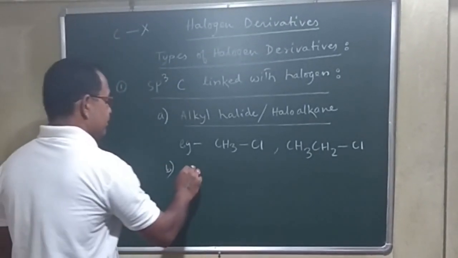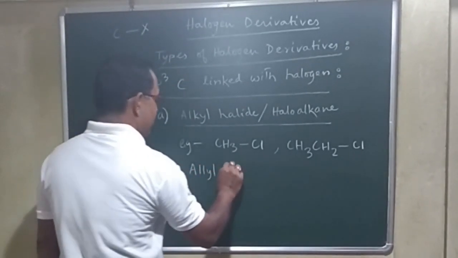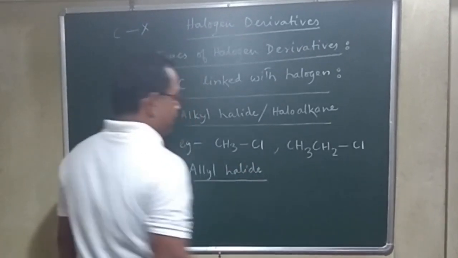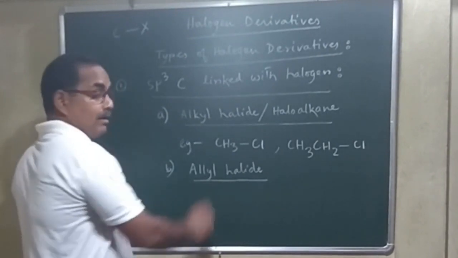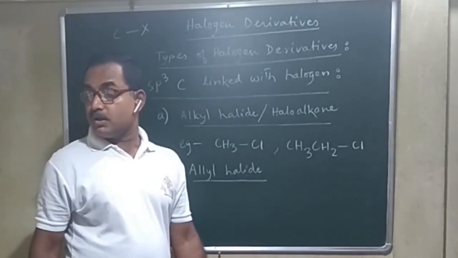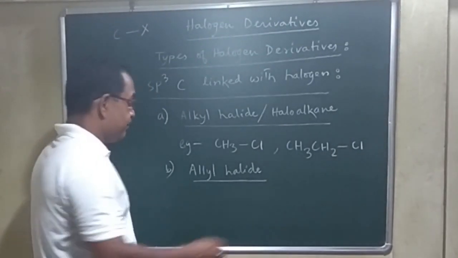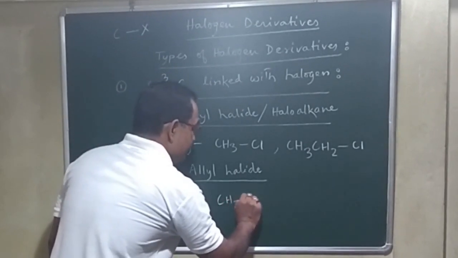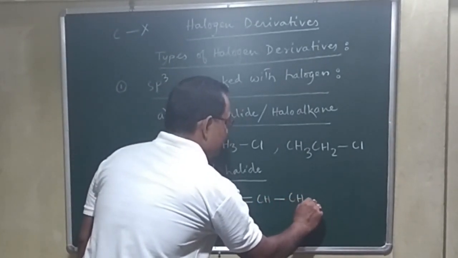Number 2, allyl halide. You see, what is allyl position? The position 3 with respect to a carbon-carbon double bond is called allyl carbon. So consider this CH2 double bond CH single bond CH3.